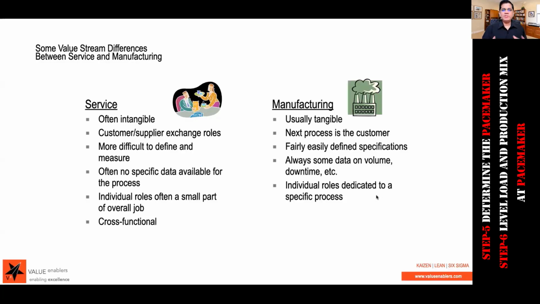See, ultimately, as we said, what is the objective that we are going to achieve? And whether value stream mapping is the right tool to meet that objective is something that we need to decide. Individual roles dedicated to specific processes are available in the manufacturing case. So broadly, I'm just giving a starter on the differences between service and manufacturing.